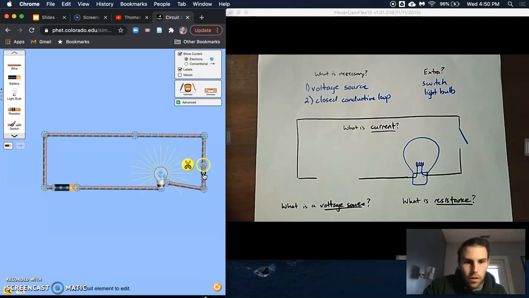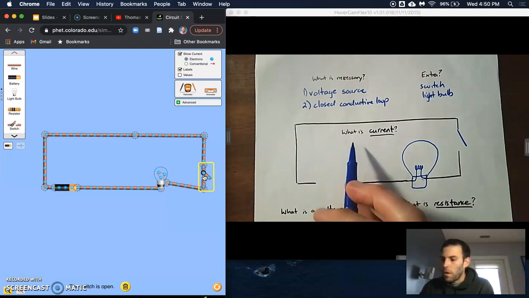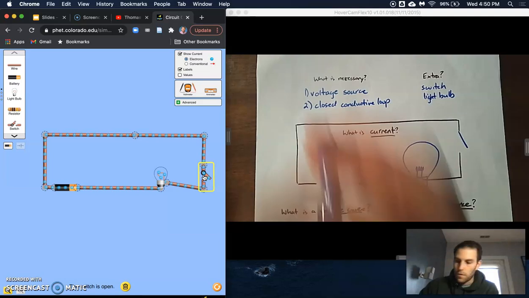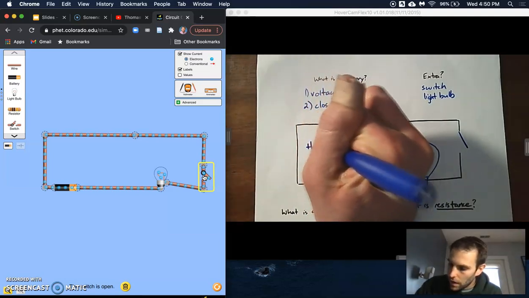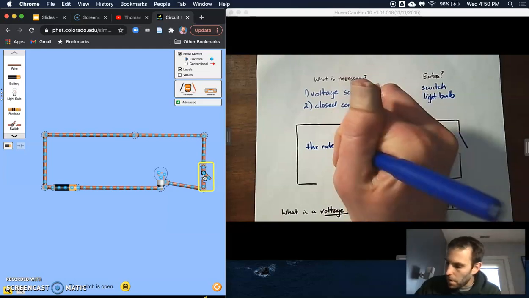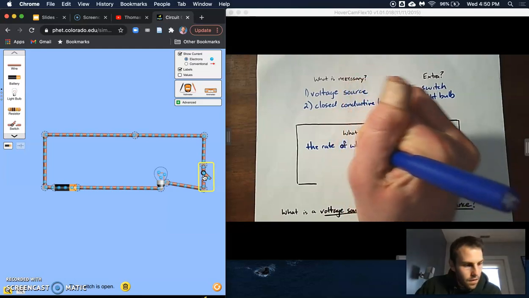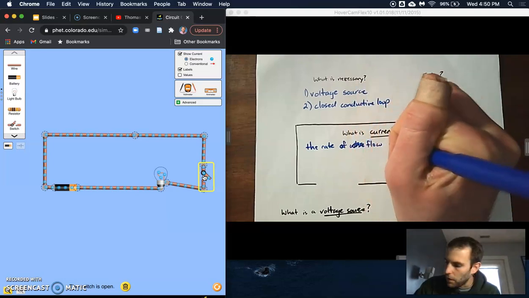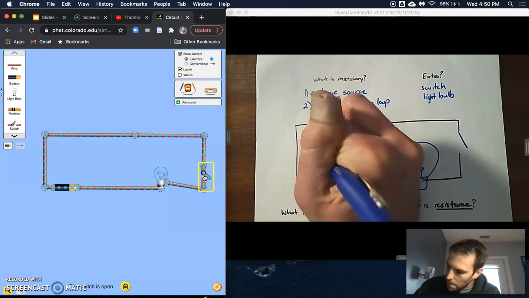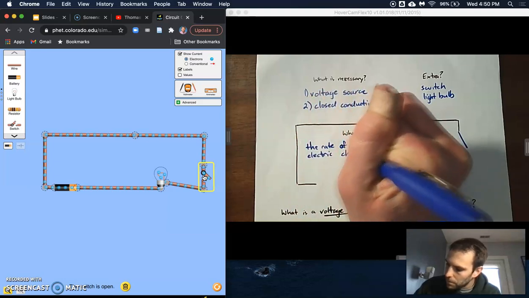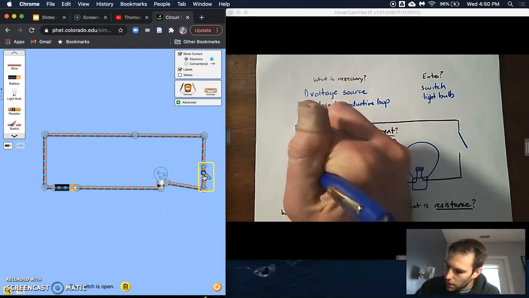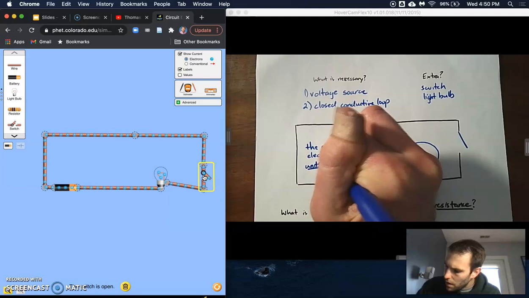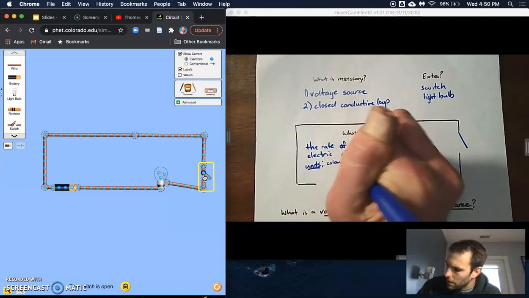So let's break down a little bit more of what's happening when we talk about current, right? We know it's this flow of electrons. Specifically, it's the rate of flow of electric charge, and our units are going to be coulombs per second, because it is a rate.